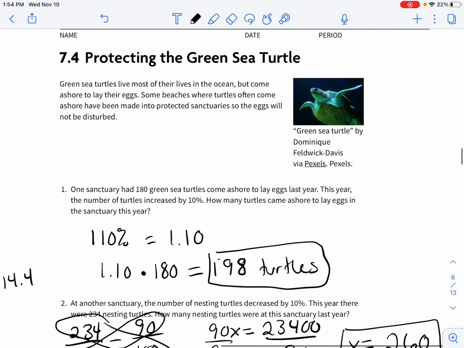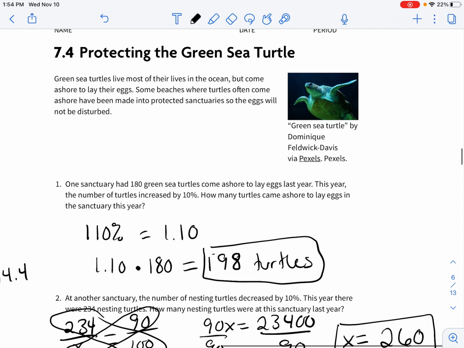Okay, and the last two here, protecting the green sea turtle. You can read through what it's talking about here. I'm going to go right to the two questions. The first one says, one sanctuary had 180 green sea turtles come ashore to lay eggs last year. This year, the number of turtles increased by 10%. How many turtles came ashore to lay eggs in the sanctuary this year?